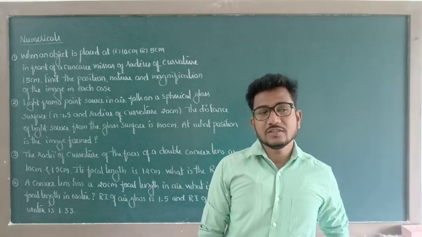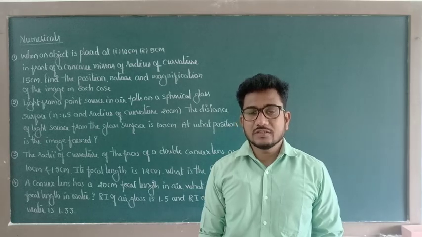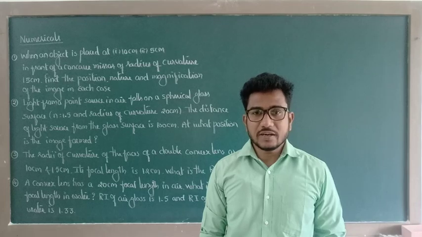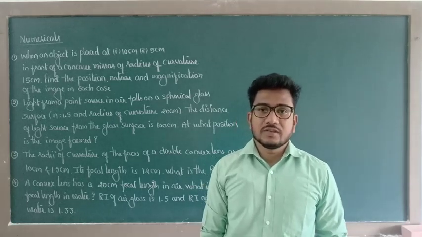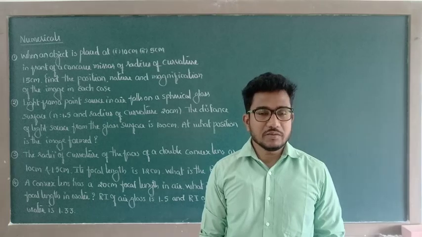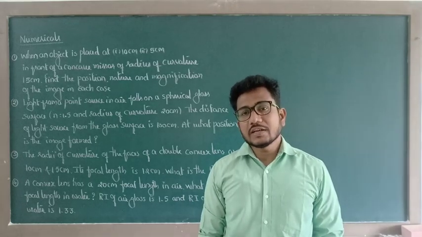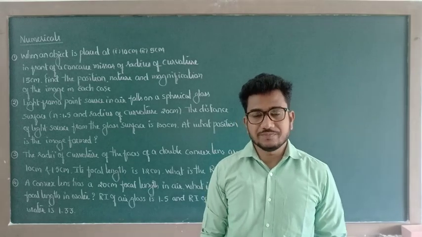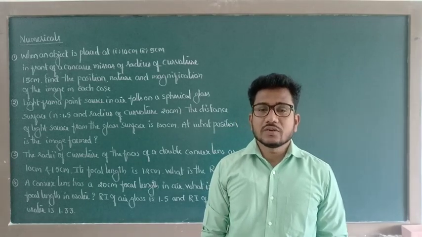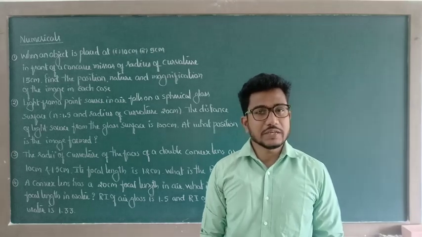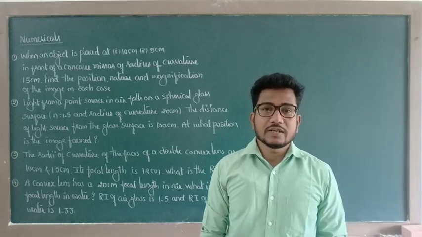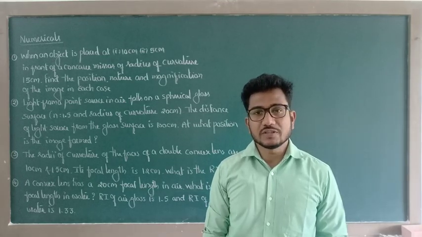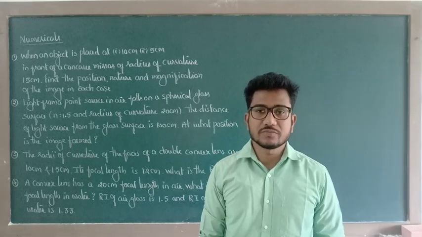The reason behind this is, in case of a reflecting type of telescope, there is no spherical and chromatic aberration, and we will get an image with high resolution as compared with the image in case of a refracting type of telescope. For that reason, we prefer a reflecting type of telescope instead of a refracting type of telescope.